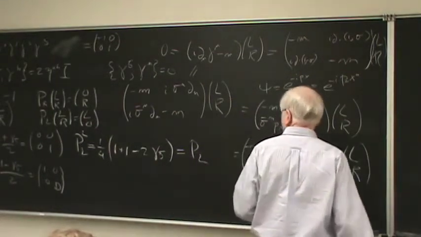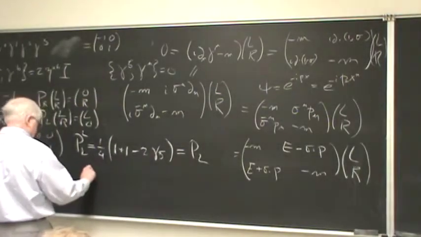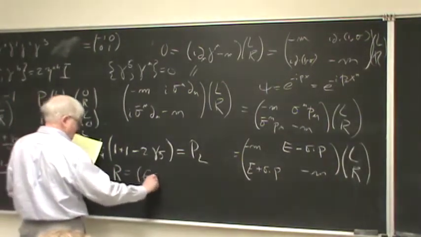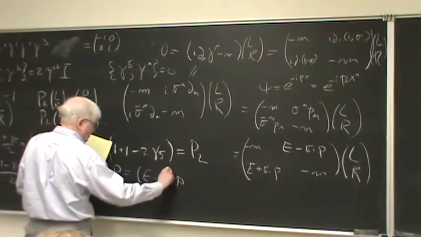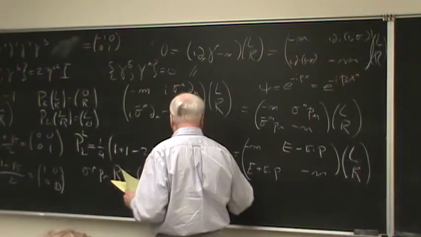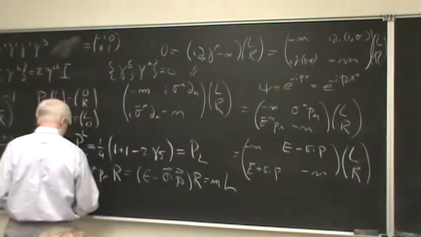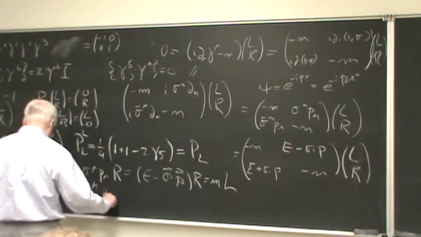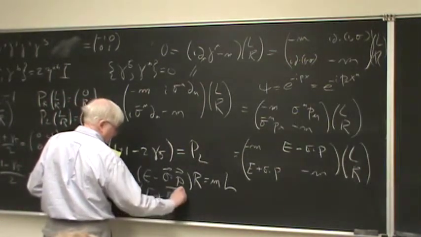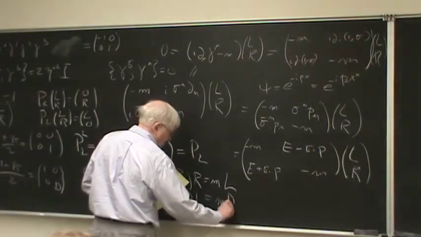Okay. And another way of thinking about that is sigma mu p mu on R, which is E minus sigma dot p, 3-vector, on R, is equal to m L. And then the other equation is sigma bar mu p mu on left, which is E plus sigma dot p on left, and that's equal to m right.